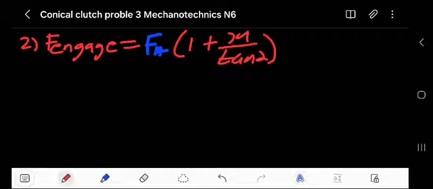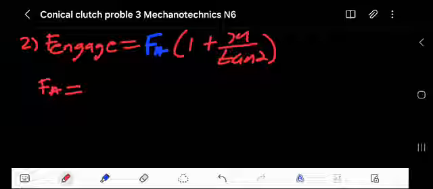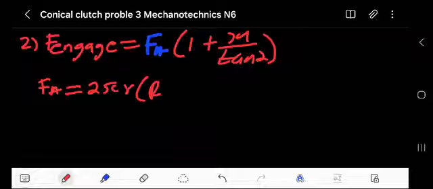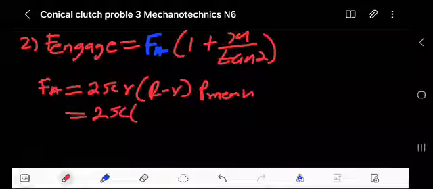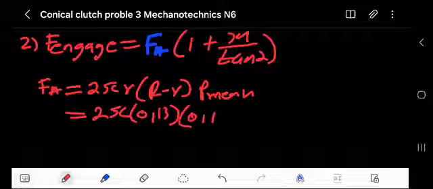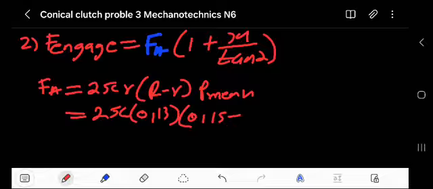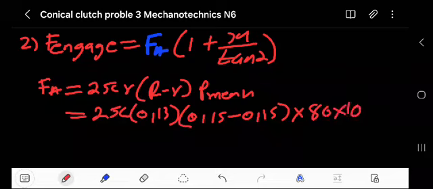If we can find the axial force, the axial force is the same as 2 pi r times (R minus r) times pressure. Then here we have 2 pi. Then our radius, the outer was 0.15, minus the small one, 0.13. The pressure was 80 times 10 to the power of 3.